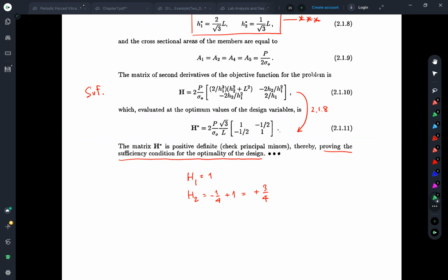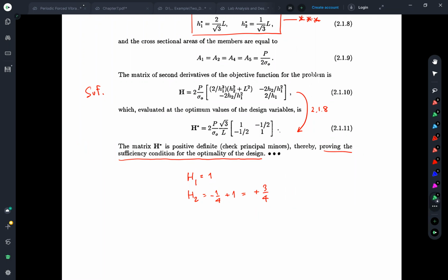It can be a convex or concave function if and only if, as equation 2.1.10 shows, not 2.1.11, 2.1.10, the leading principal minors are always positive numbers, independent of H1 and H2. I doubt whether I can show that with 2.1.10 or not.